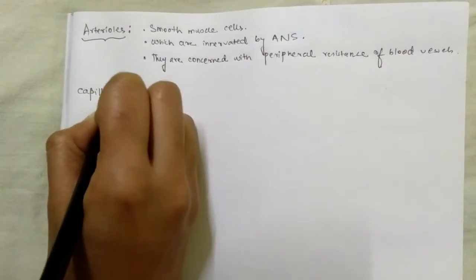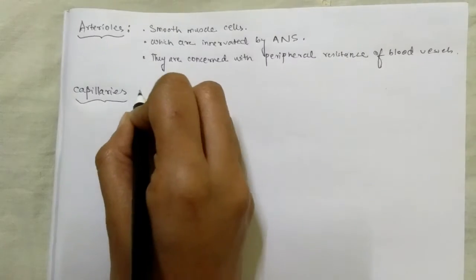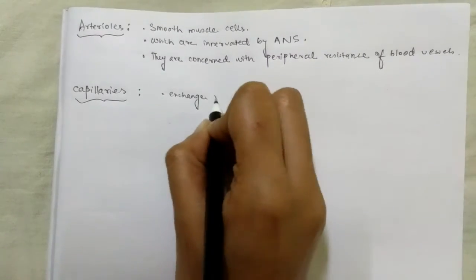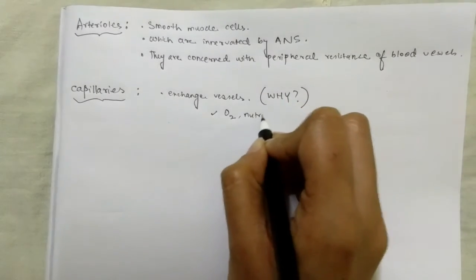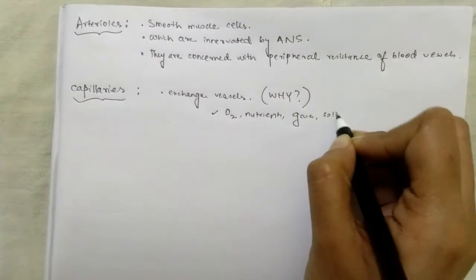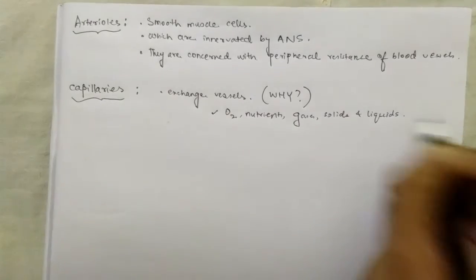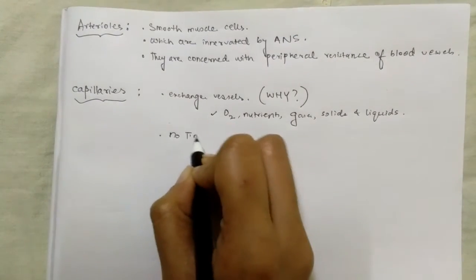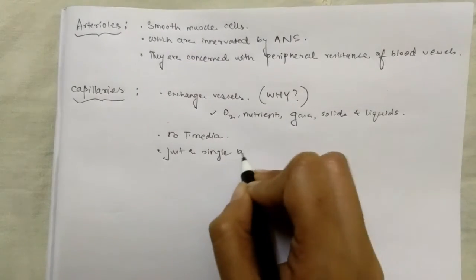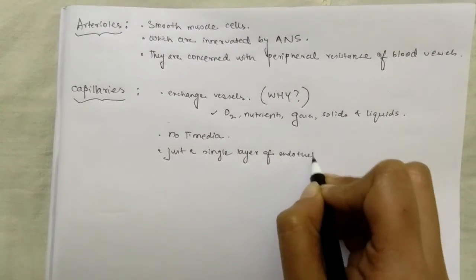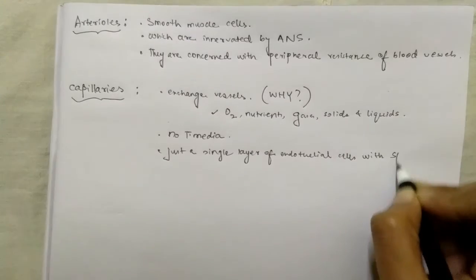Third component of the systemic circulation, capillaries. They are called the exchange vessels. Why are they called exchange vessels? Because they exchange oxygen, nutrients, gases, solids and liquids. Plus, they have no tunica media. Just a single layer of endothelial cells with sparse pericytes is present.